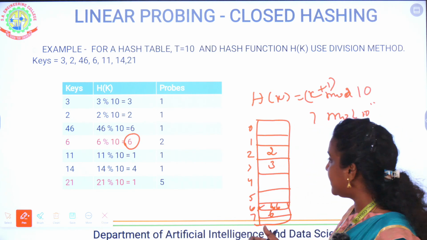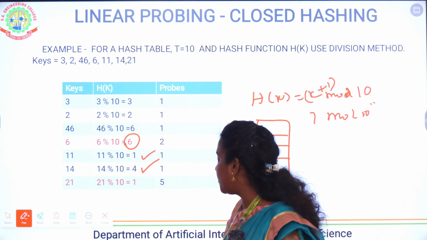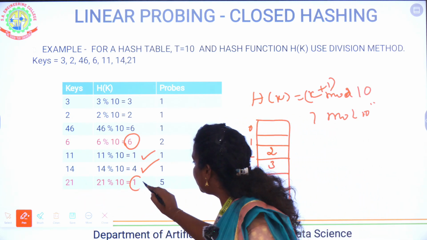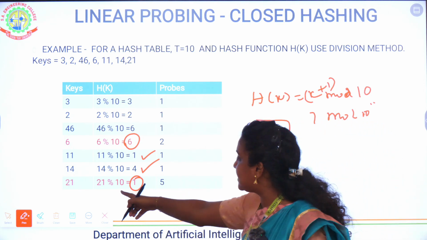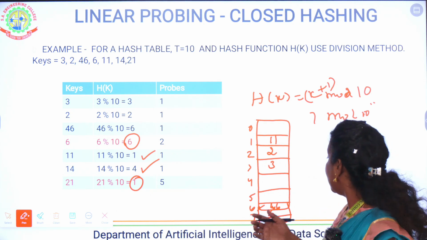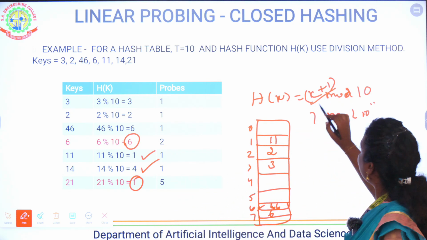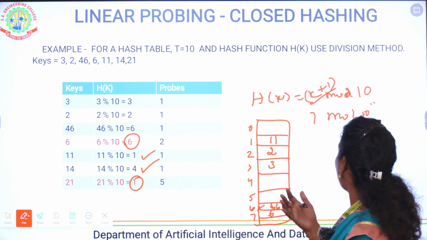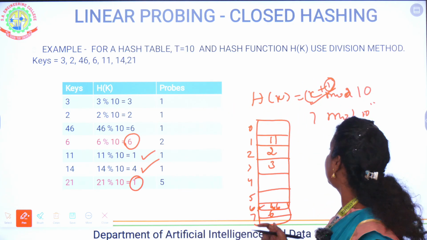So it will search linearly. For 11 no problem, for 14 no problem, but while inserting 21, because index 1 is already occupied by 11, it has to search for free slots. So with the help of k plus 1 mod 10, then k plus 2 mod 10, this sequence goes on until the table size is exceeded.